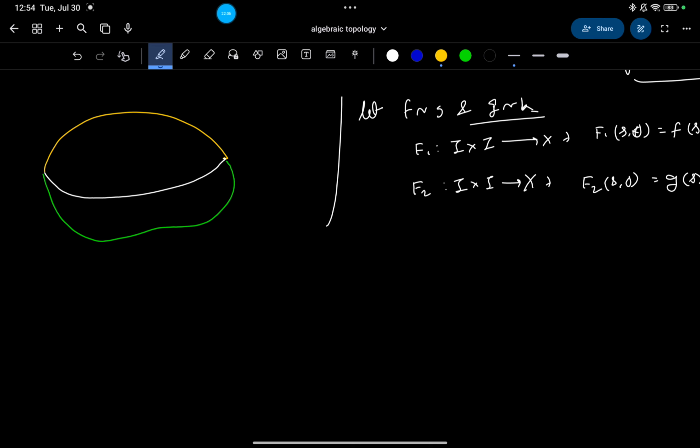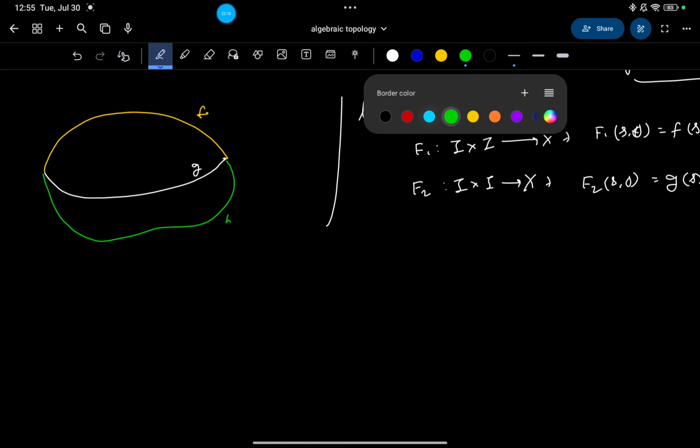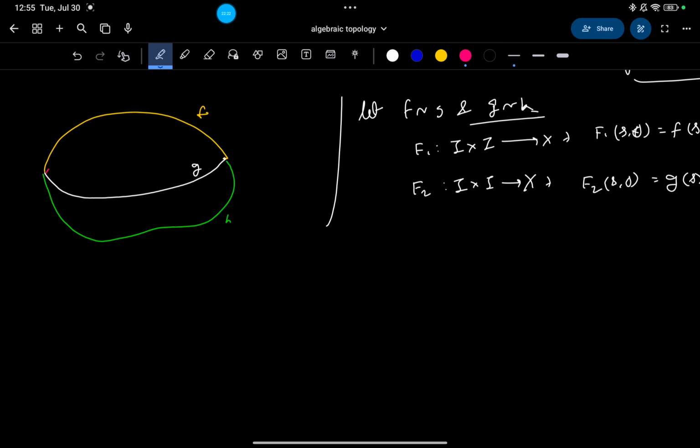This is my f, this is my g, and here's my h. So what are the intermediate steps? These are the intermediate steps from f to g.